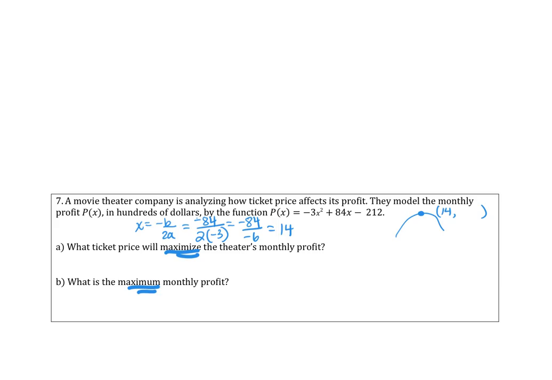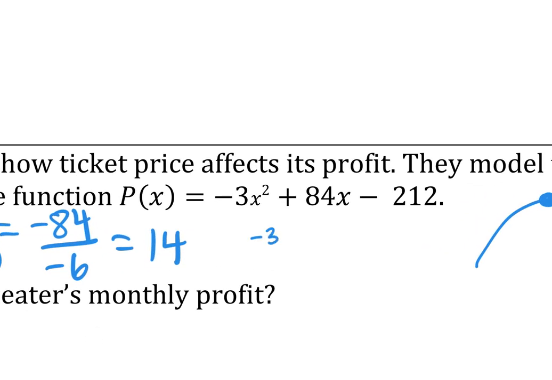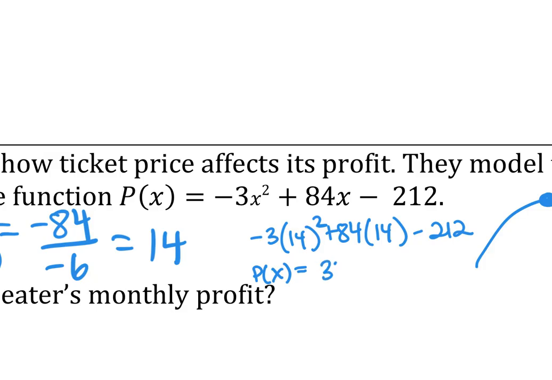And so now I will find the y value by, like I said, doing exactly what we've done, plugging it back in. So when I plug this in, I would get negative 3 times the 14 squared plus 84 times 14 minus the 212. And what do we get for P of X when we plug that back in? 376.